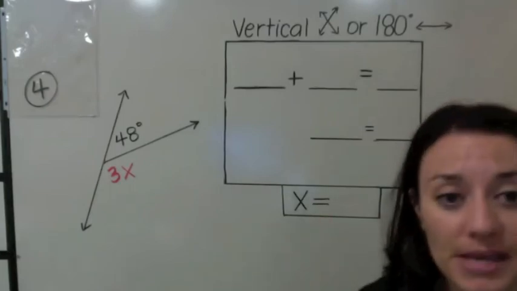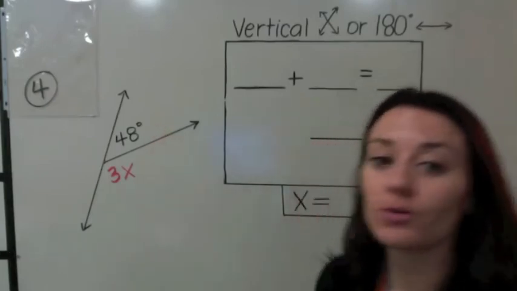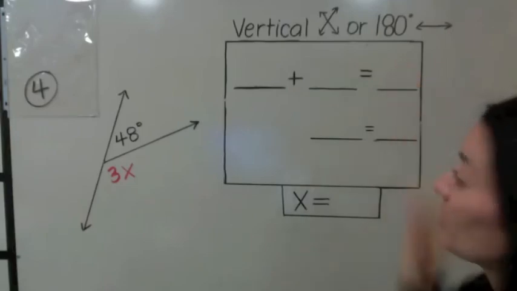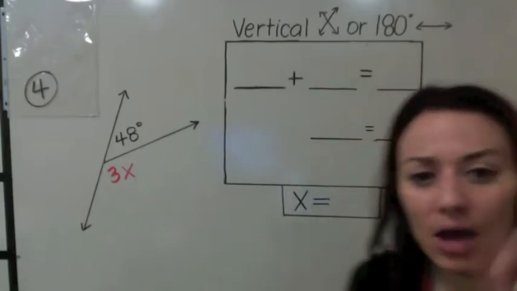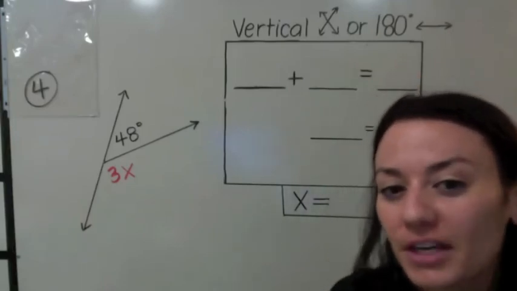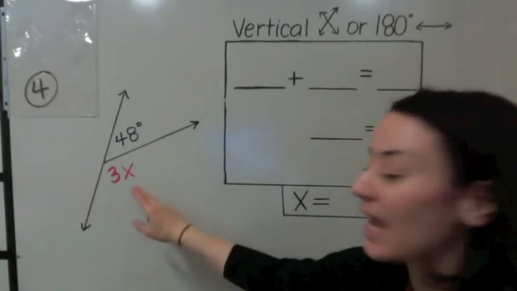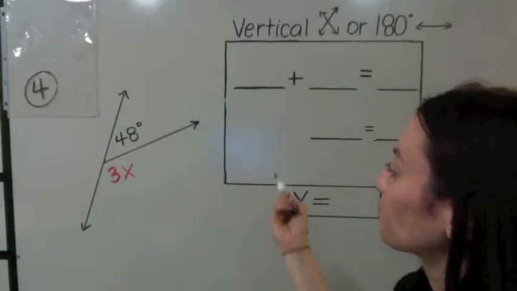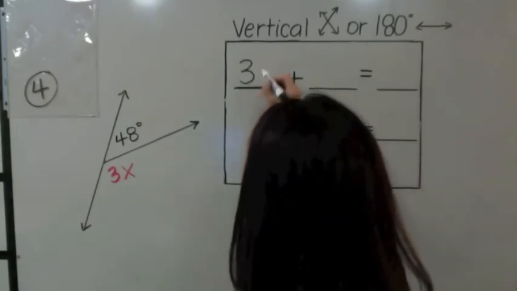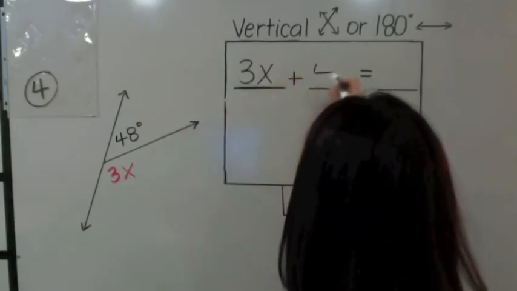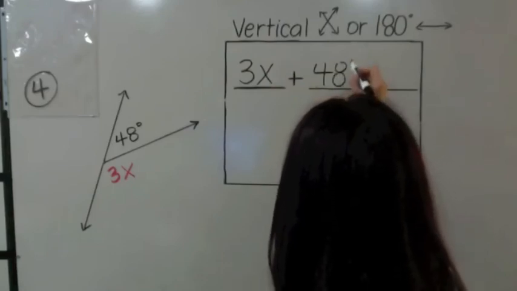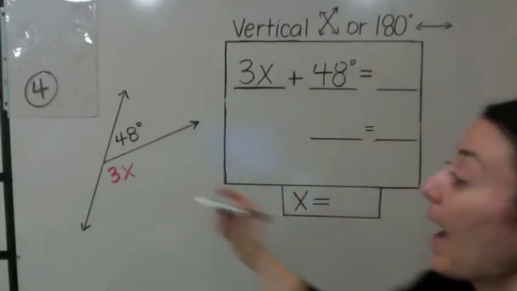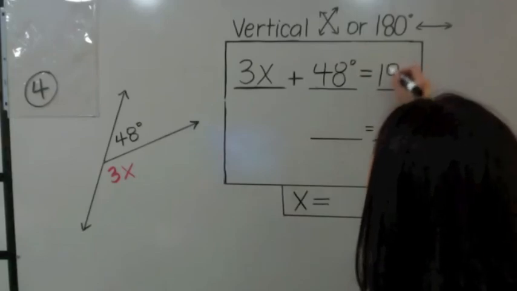So that means that if we add these two angles, they're going to give us 180 degrees. So how would you set up an equation to figure out what x is? What would you write? You could write 3x plus what? 48 degrees gives us how many degrees? 180 degrees.